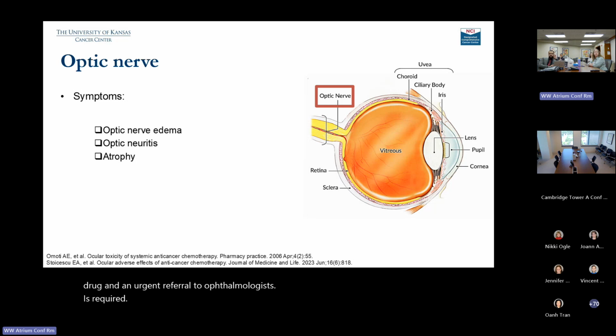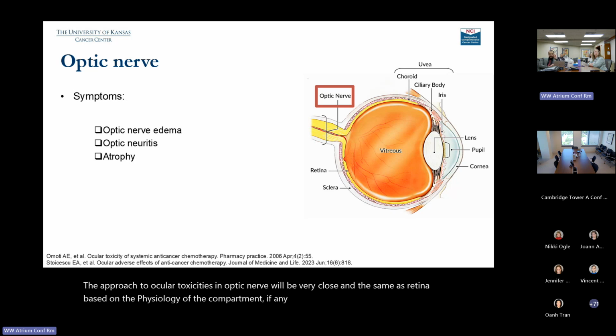And the last compartment of anatomy is the optic nerve. The approach to ocular toxicities in the optic nerve is very close to, and the same as, the retina. Based on the physiology of the compartment, if any damage happens to it, the manifestation will be the same as the retina.